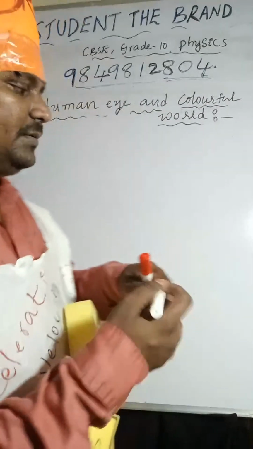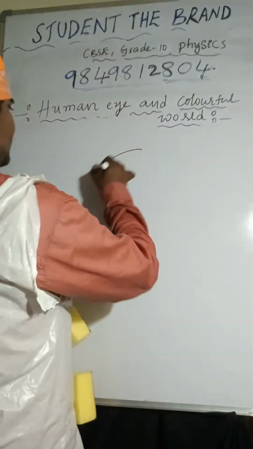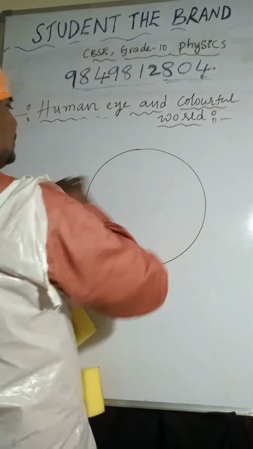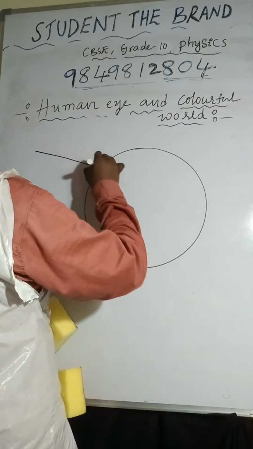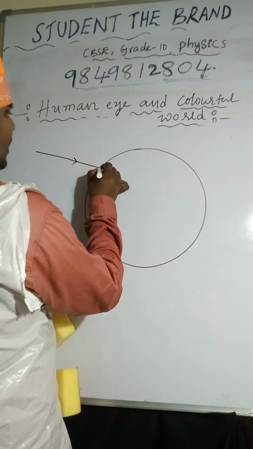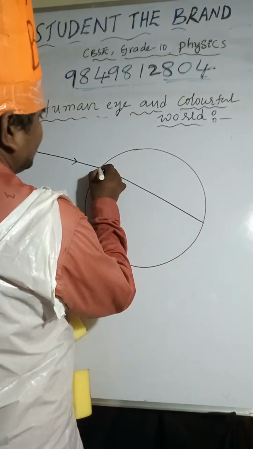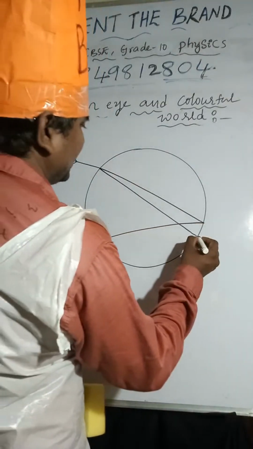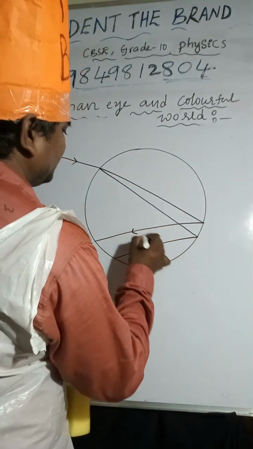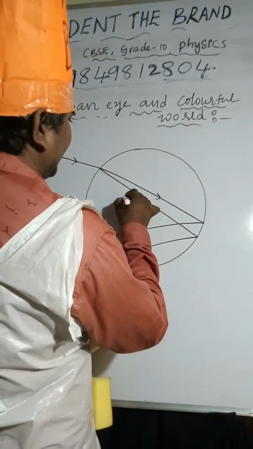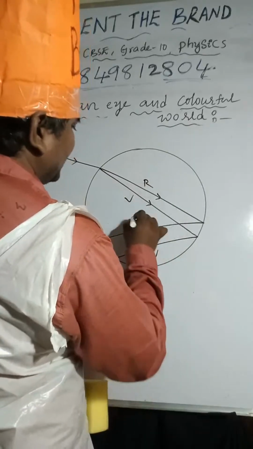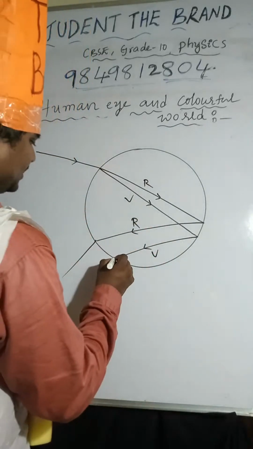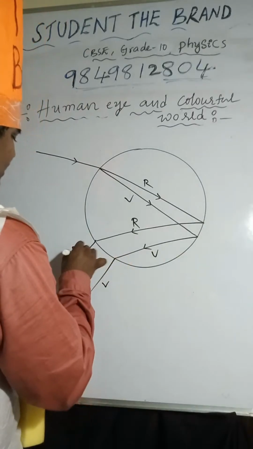You can observe, I am taking the water droplet. So this is a water droplet. Incident light rays fall, and after that refraction takes place. After that those light rays come out in rainbow form. So we can see here violet and red.